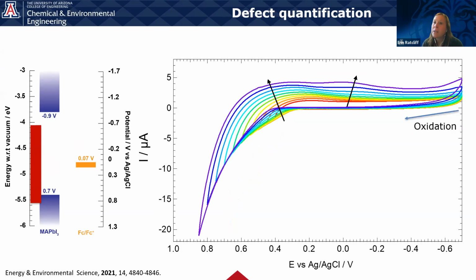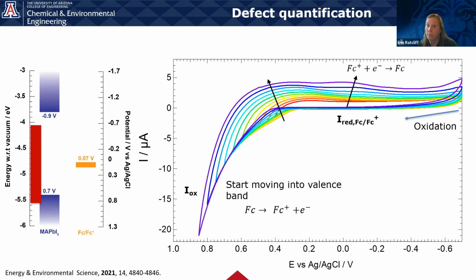Right, so now as we increase further and further our potential window, we push down into the valence band, and what we see is an increase again in our oxidation. Right, we push into the valence band, and now we know that we have ferrocene oxidation because when we turn around and come back, we now see evidence of that ferrocenium reduction.